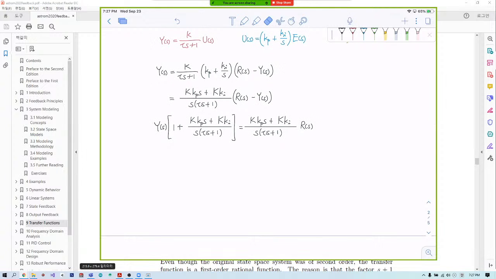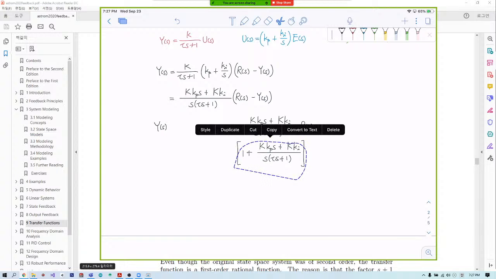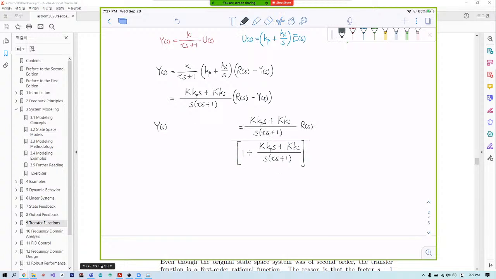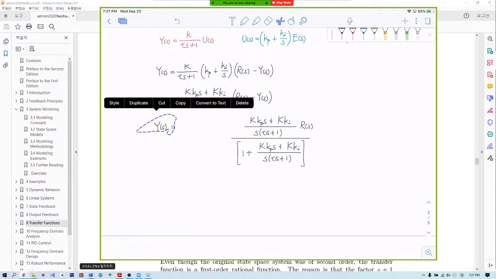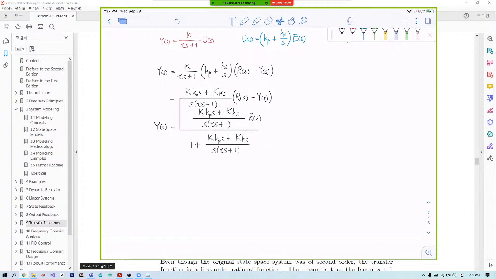So what now? We can divide both sides by this expression here. It's easy. We all learned this kind of procedure in kindergarten. So this is what we have.